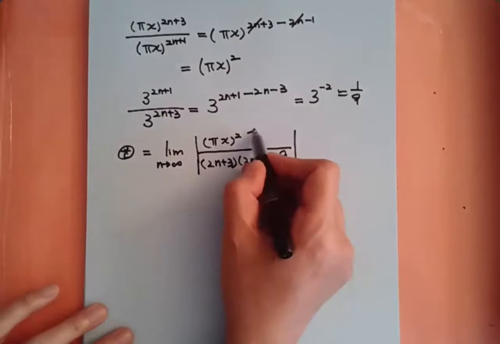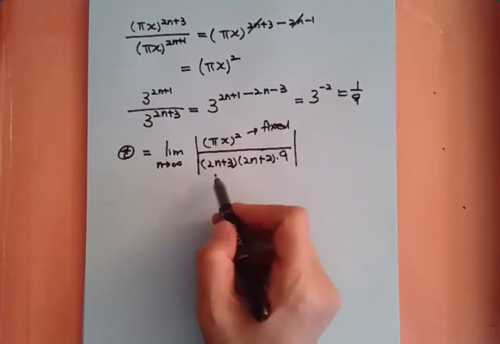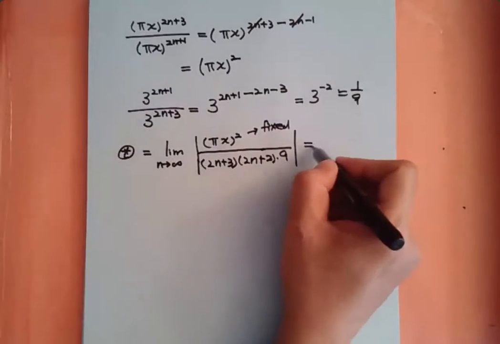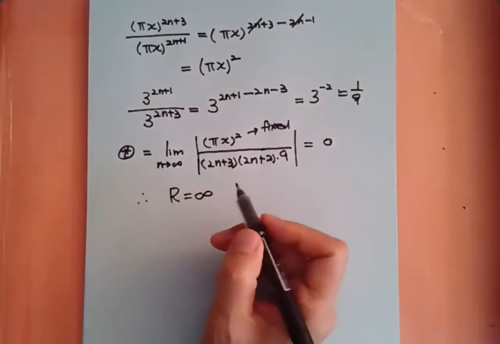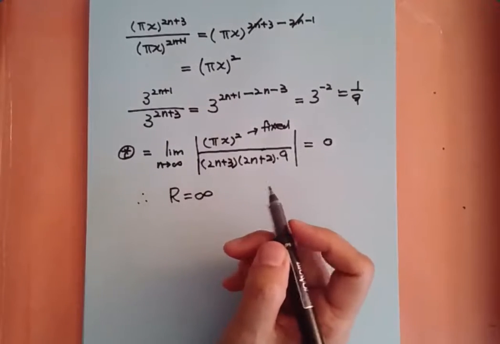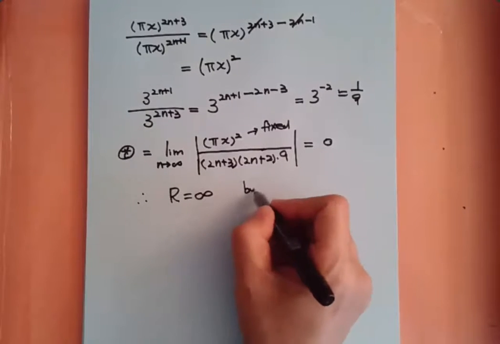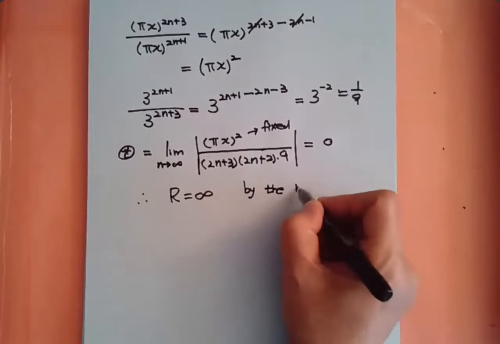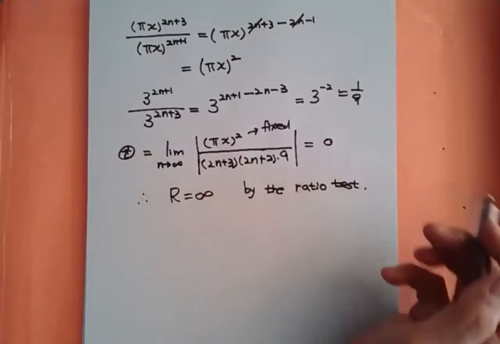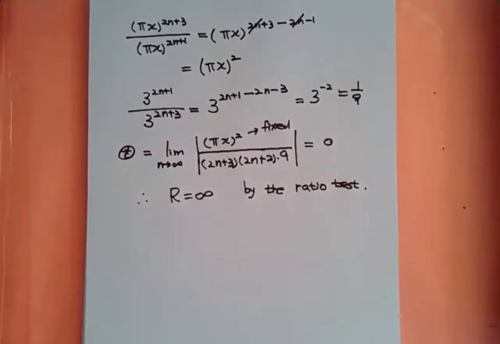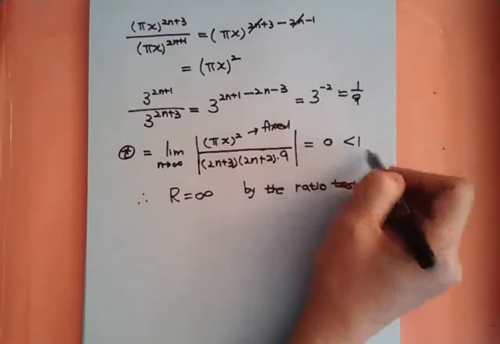This one is fixed, a random number, but n increases, right? And so the entire thing will go to 0. So r goes to, so the radius of convergence is infinity by the ratio test, because no matter what x is, the limit will be 0, which is less than 1, right?